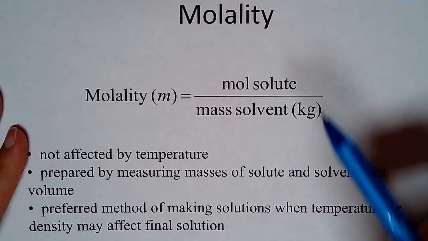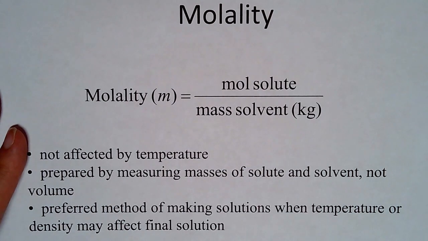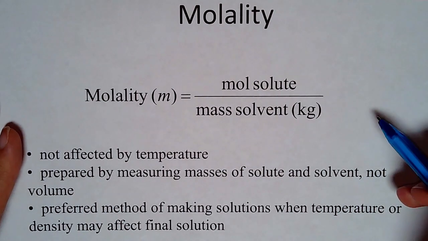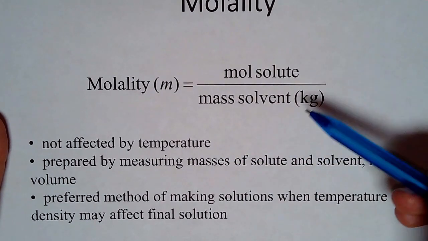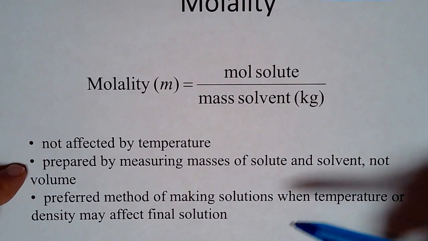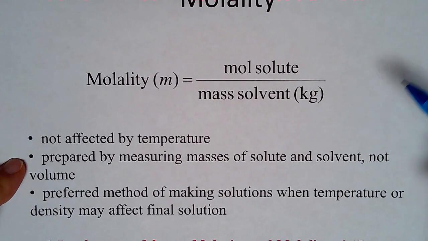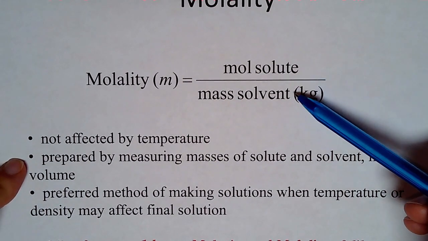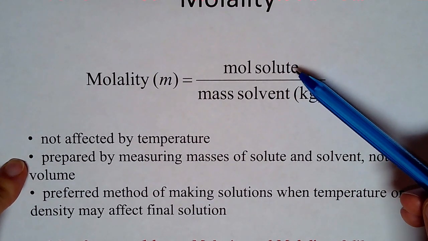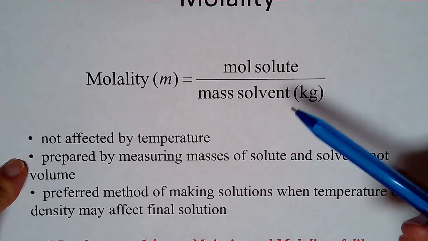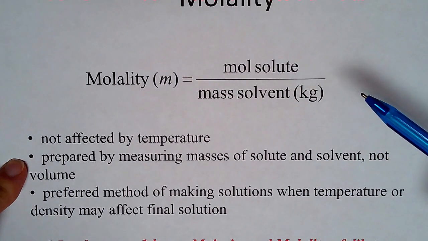So this can be a more accurate way to measure concentration than molarity because it is not affected by temperature, because we're not looking at volume changes due to temperature. It only depends on the mass of the solvent and the moles of the solute. So we can know both of those things going in, and neither one of those changes because of mixing with the other.